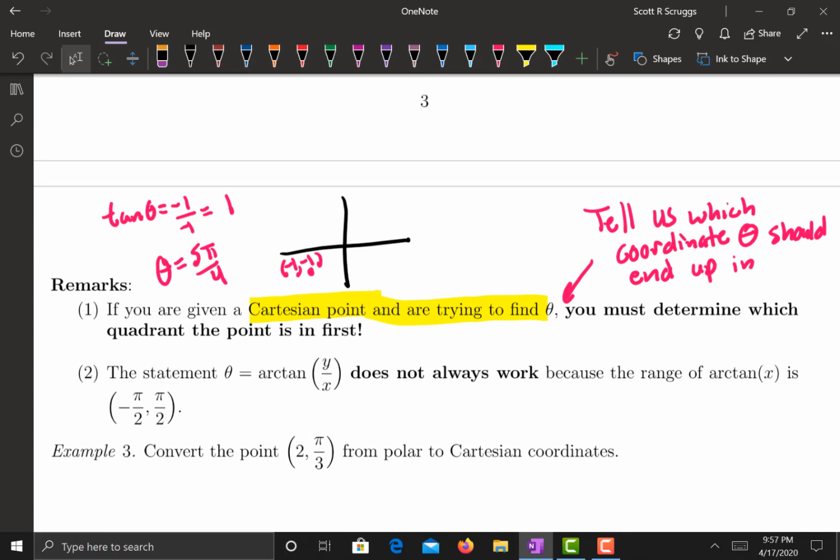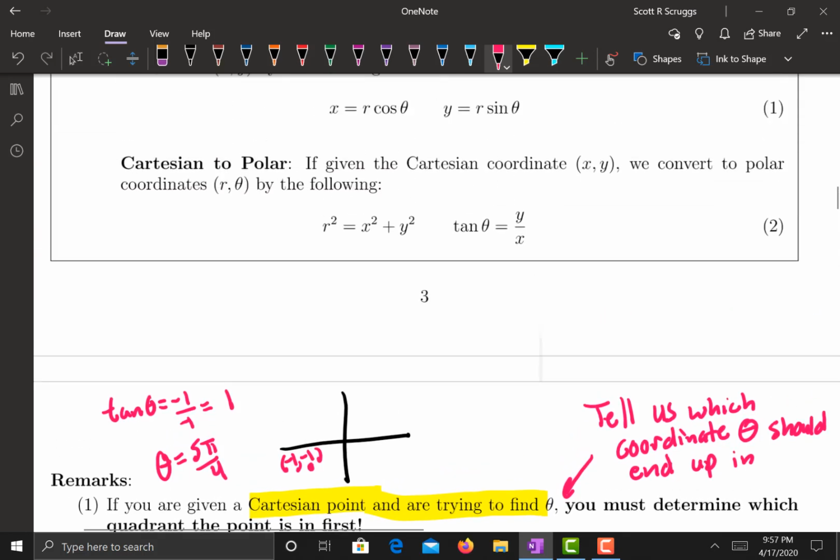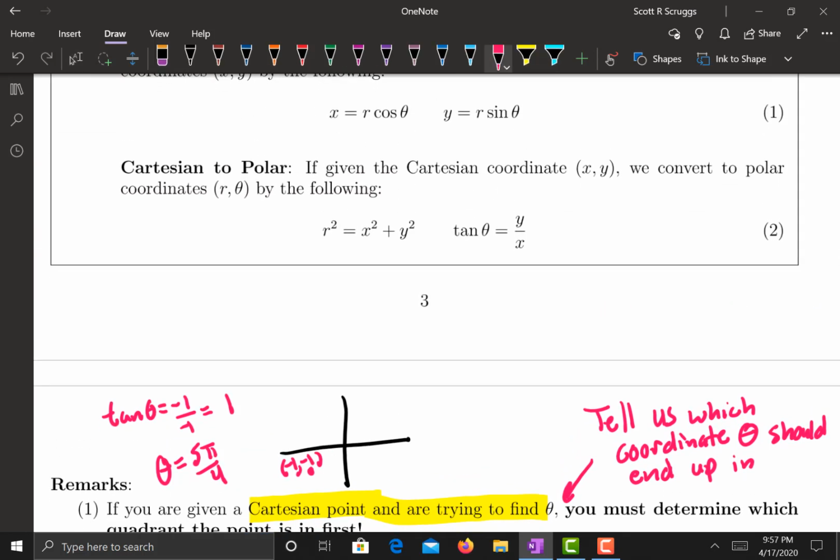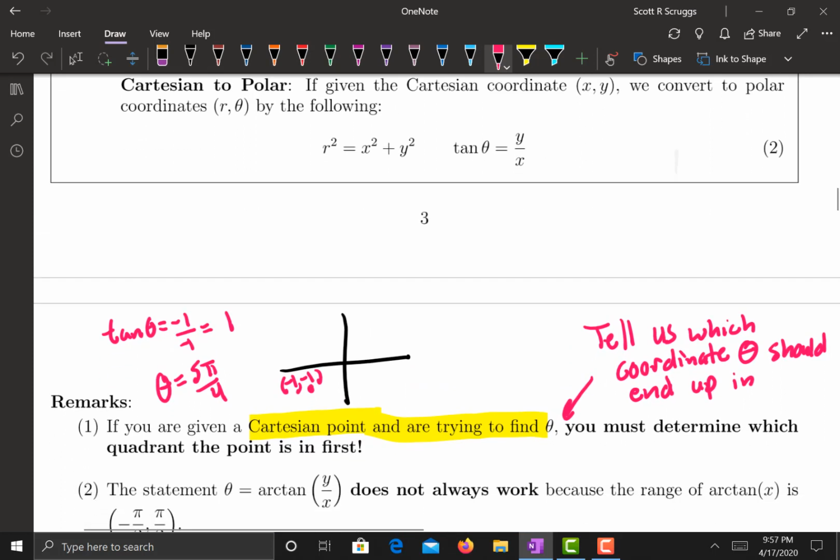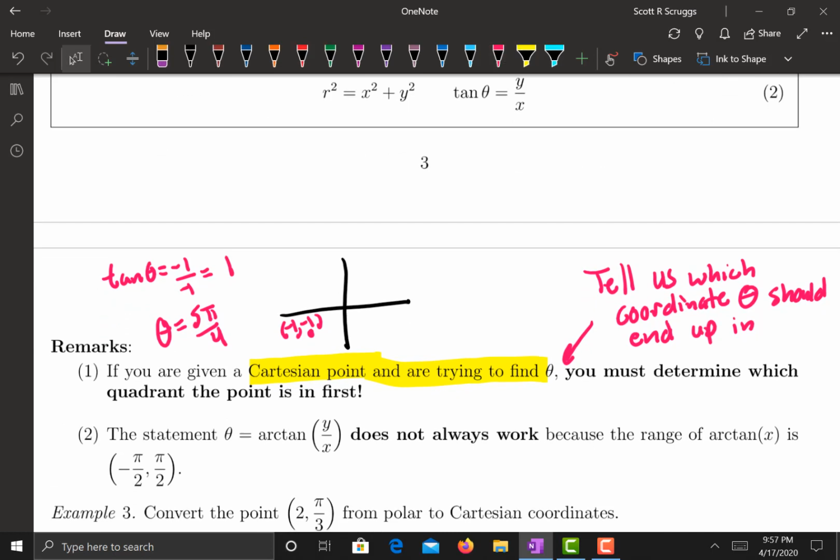Another common mistake that I've seen before, and I want to say to avoid, because I define tangent theta as y/x, a very tempting thing that a lot of people do is that they say that theta equals arctan of y/x.